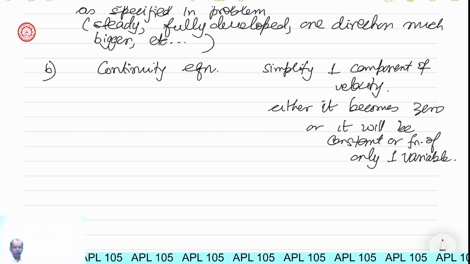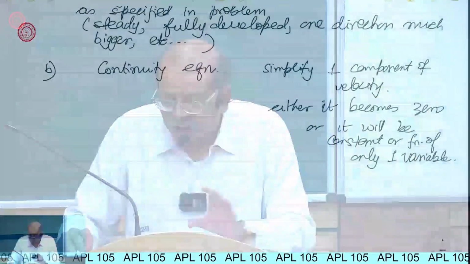For example, if you come across a situation where partial Vx by partial x is 0, it's given to you, then continuity equation for 2D will become partial Vy by partial y is equal to 0. So Vy will become constant. Now if there is a porous wall, then you know at the wall Vy will be equal to velocity at the pore. And if it is constant, that means Vy is the same everywhere. So it may not be 0, it may become constant. So whatever it is, this will give you one very big simplification.